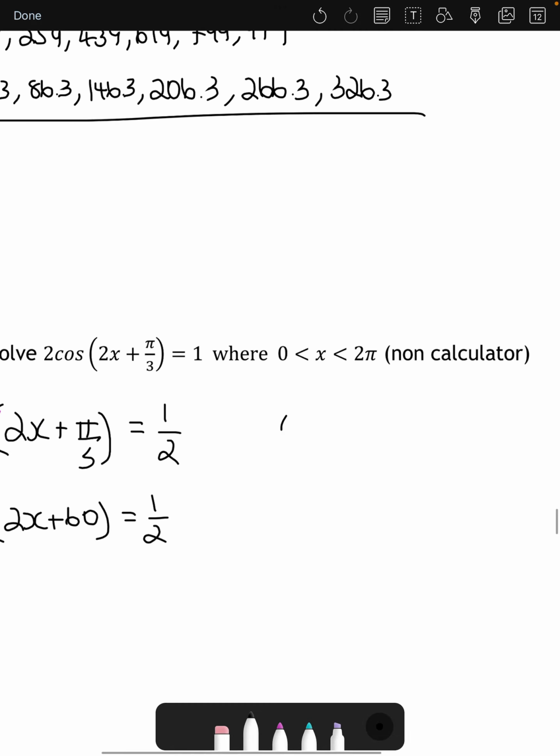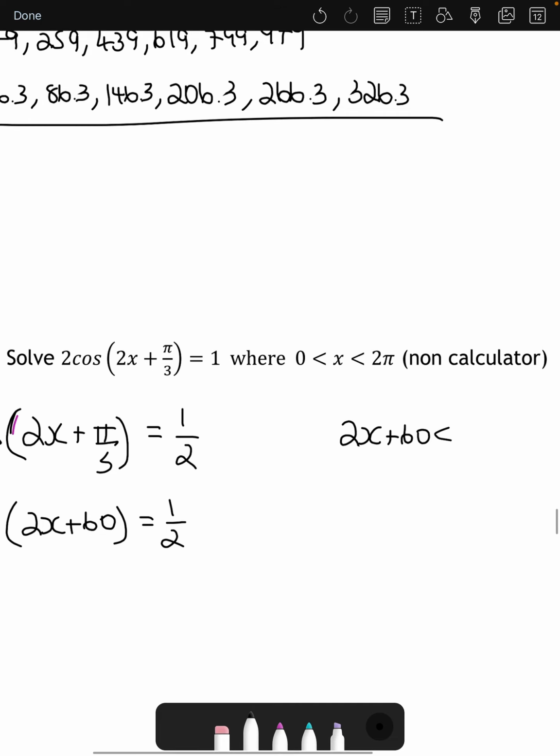Right, boundary. So we are going between 2x plus 60. Okay, so times by 2 and plus 60 is obviously going to be 60. Times by 2 plus 60 is obviously going to be 780.